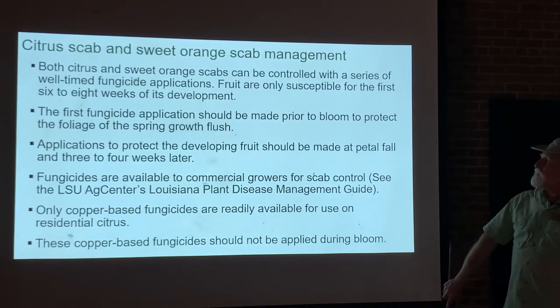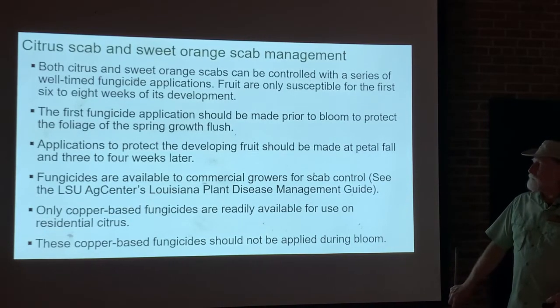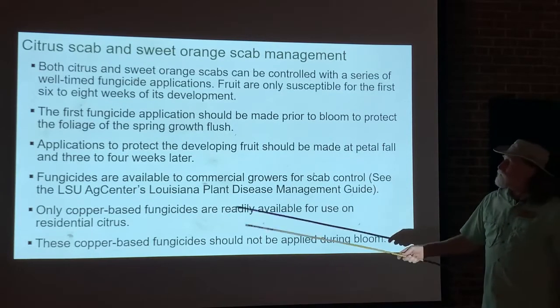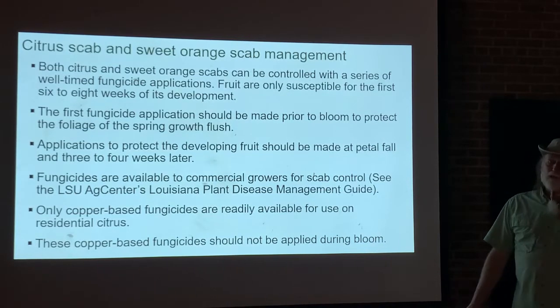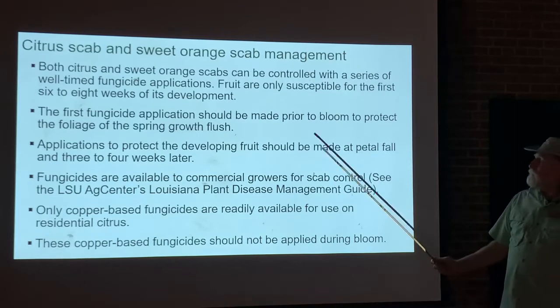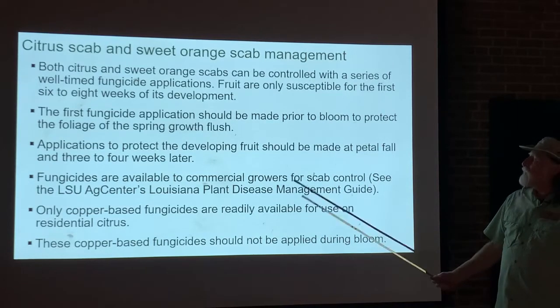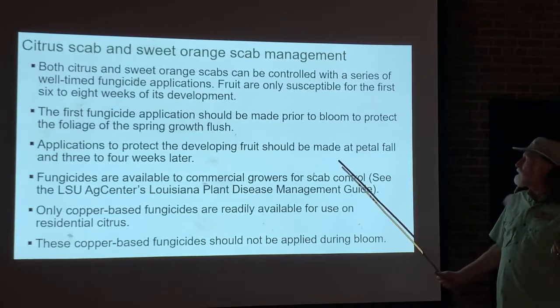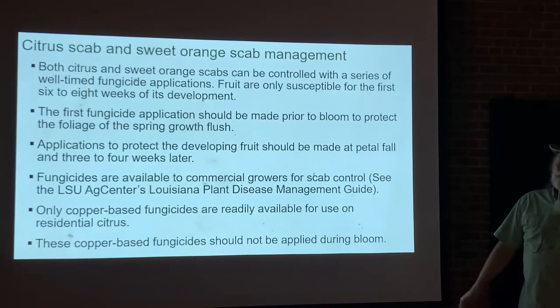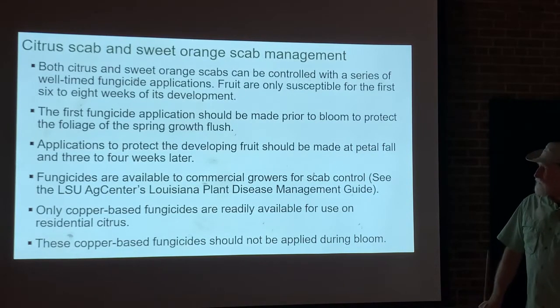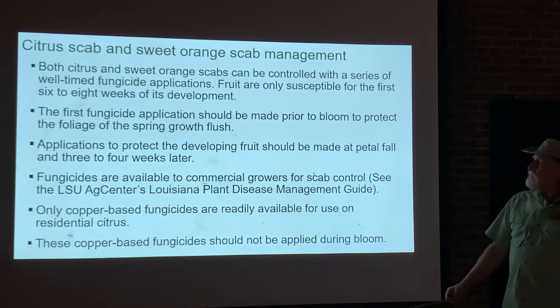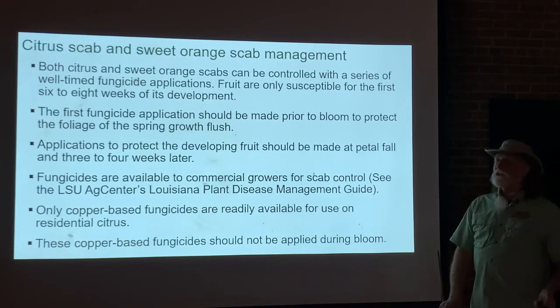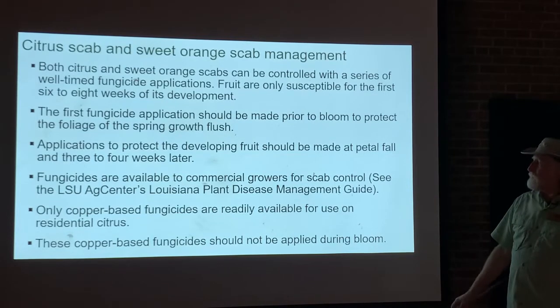So to control that, your first fungicide application should be made just prior to the bloom, and that will protect the foliage of the spring flush from infection. Then apply again to protect the developing fruit, just after petal fall. And again 3 to 4 weeks after petal fall, you want to make another fungicide application to protect those young developing fruits.